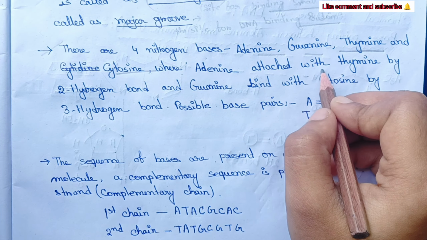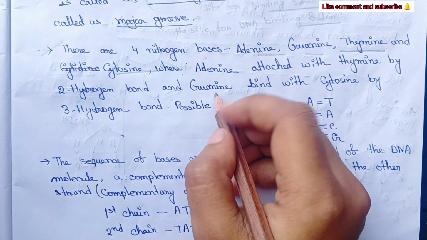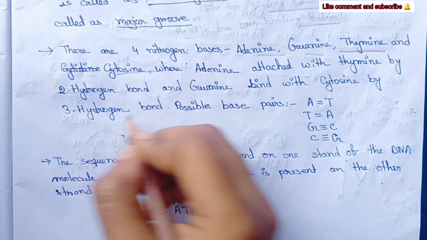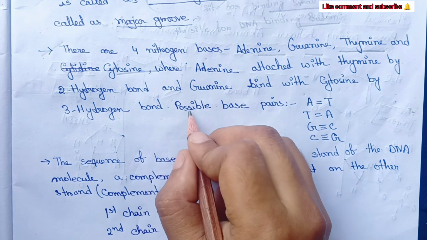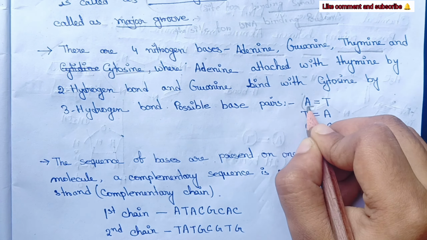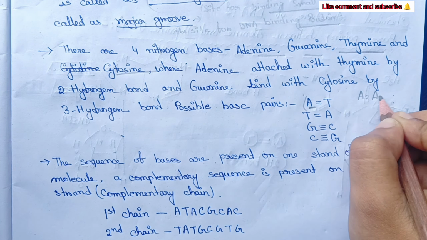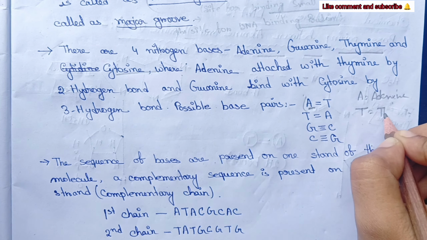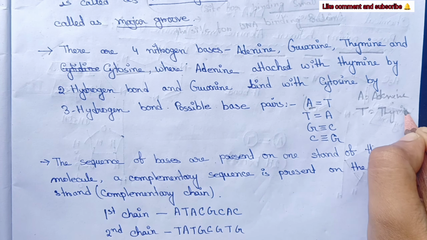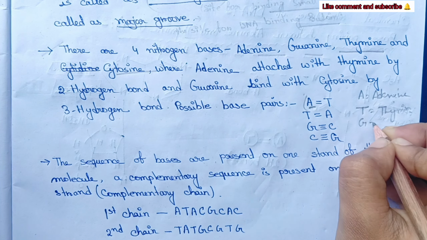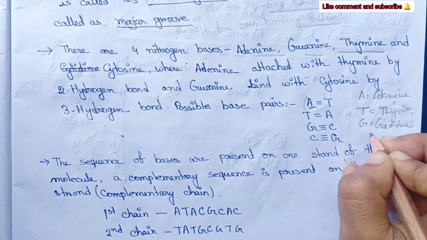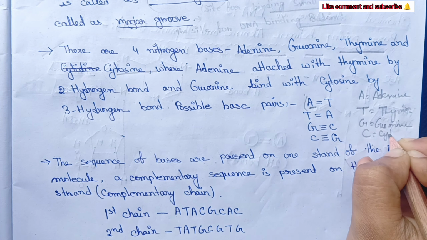Adenine is attached with thymine by 2 hydrogen bonds and guanine is attached with cytosine by 3 hydrogen bonds. Possible base pairs are A for adenine, T for thymine, G for guanine, C for cytosine.